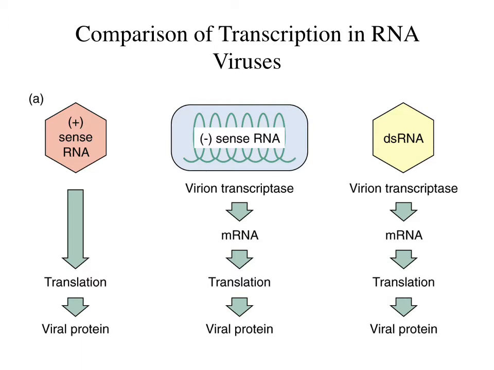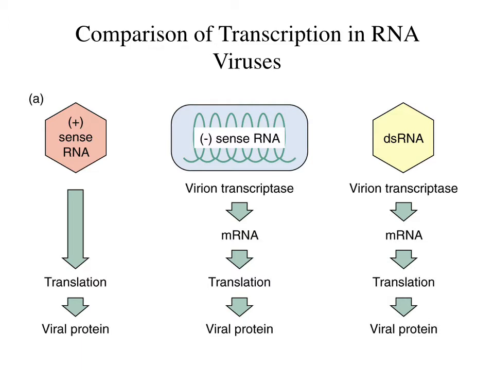So let's go back and review this slide that we looked at a while back. Now, all the virus families that we've talked about so far have been positive sense RNA viruses, and they all have one thing in common.